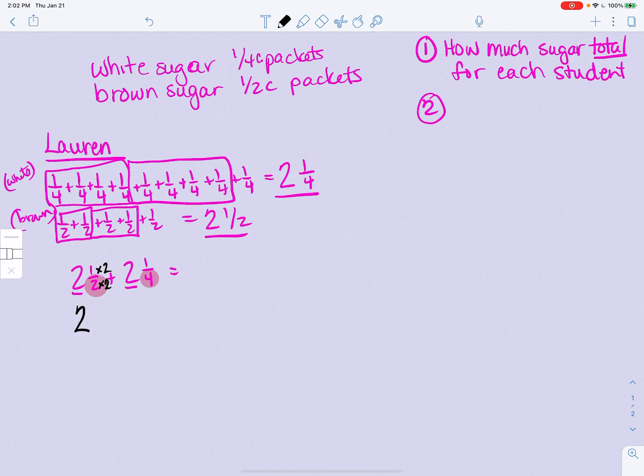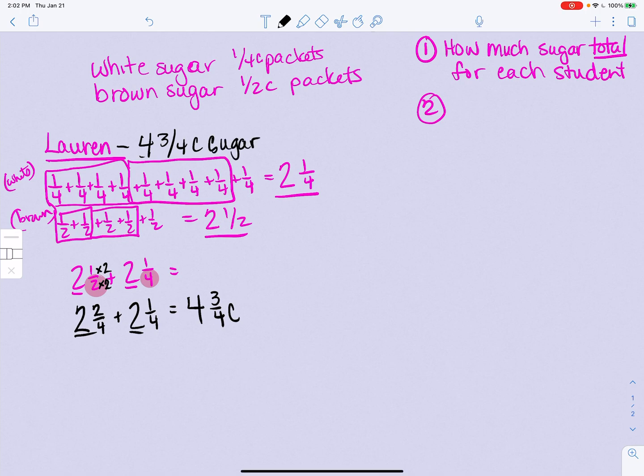So then this one ends up being 2 2/4 plus 2 1/4, which will equal, if I add the 2's, I get 4 3/4 cup. So Lauren has, said that wrong, Lauren has 4 3/4 cup sugar.